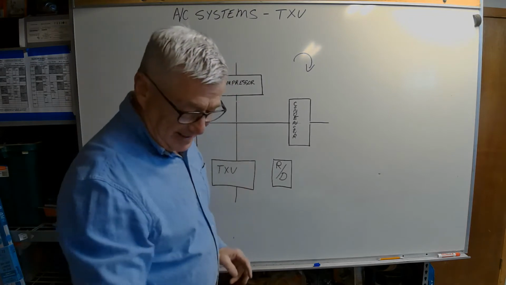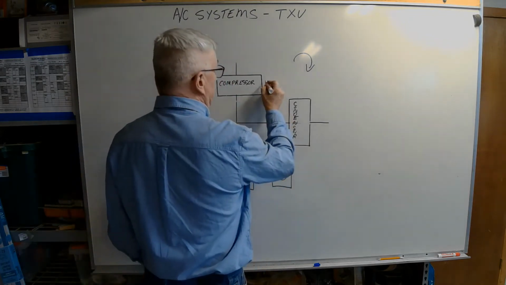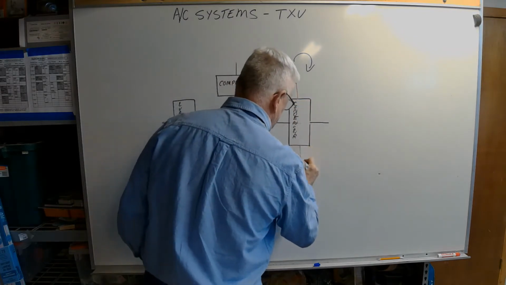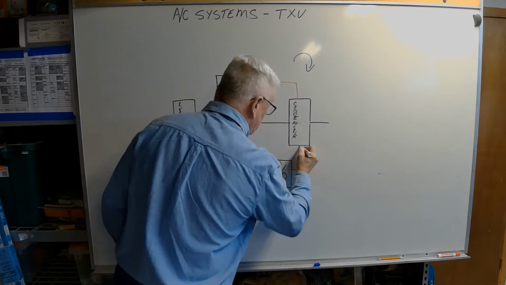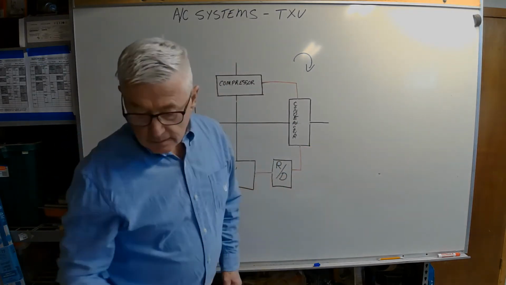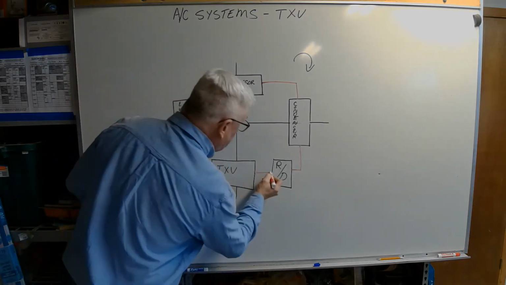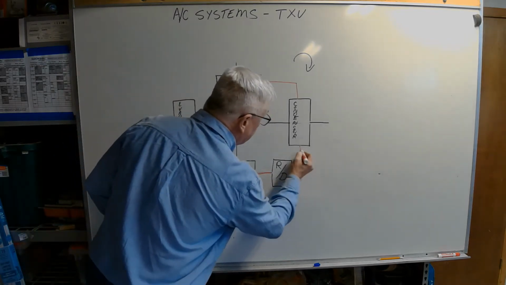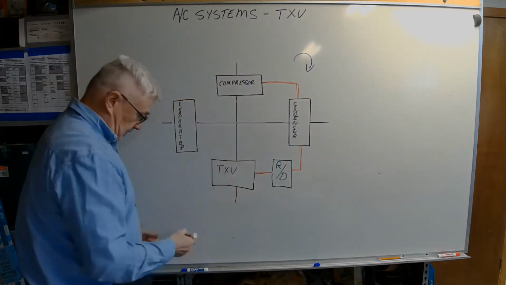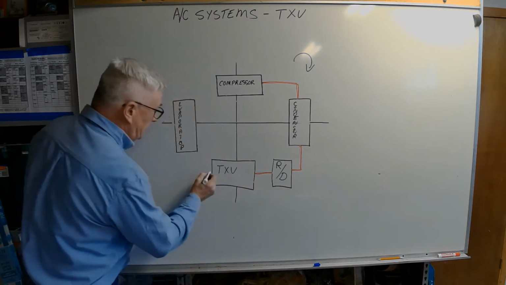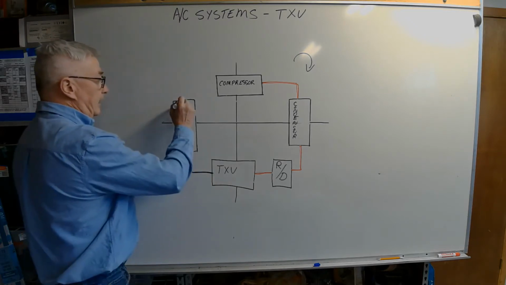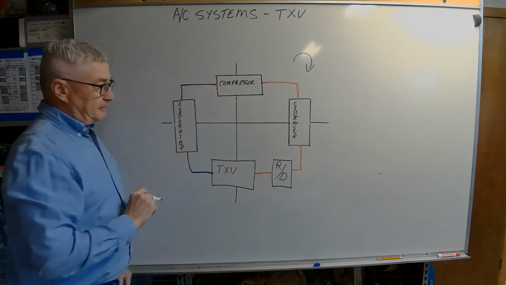Coming out of the compressor, we are going to have refrigerant moving over into my condenser, coming out of the condenser into the receiver dryer, and then out of the receiver dryer into the TXV. All right. From the TXV, we're going to come out of there and into the evaporator. Out of the evaporator, I'm back into the compressor.